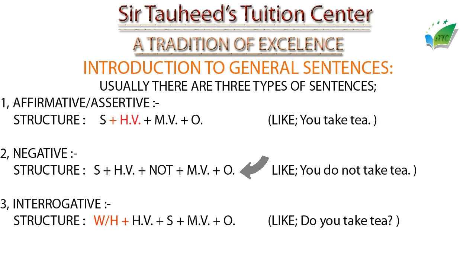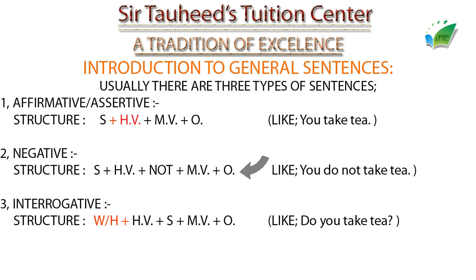They are all necessary. So in the first place we use subject, in the second place we use helping verb, in the third place we have to use not. And this is the most important thing, to put not here, because we are making a negative sentence. So not is the identity of negative sentences here.